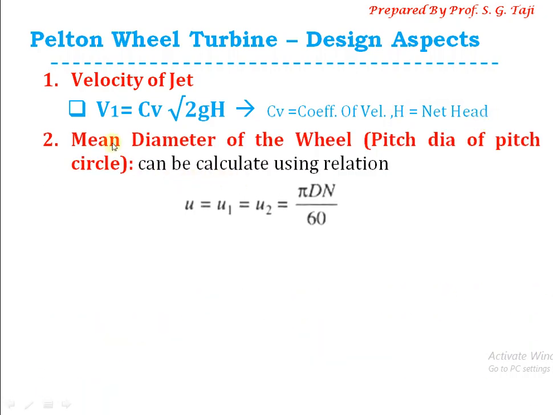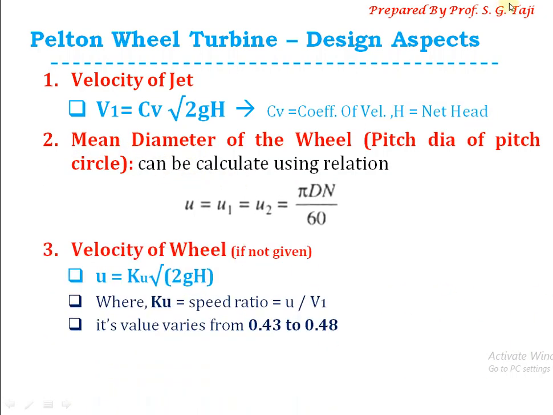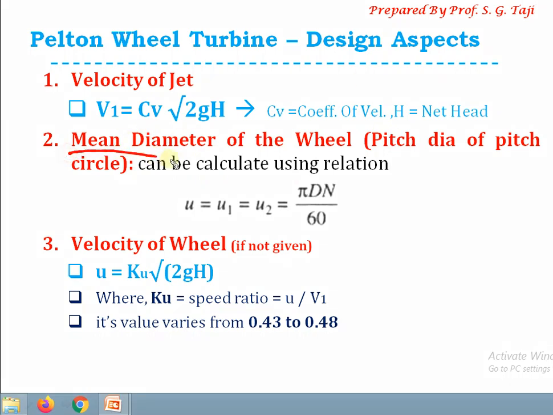Next, the mean diameter of the wheel, which is also called the pitch diameter or pitch circle. In the previous lecture, we discussed the pitch circle. What was the pitch circle? If we consider the center of the bucket, and if you draw the circle from every bucket center point, starting from the center of the runner, then that circle is known as the pitch circle.